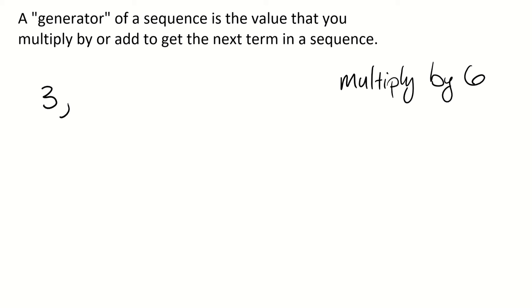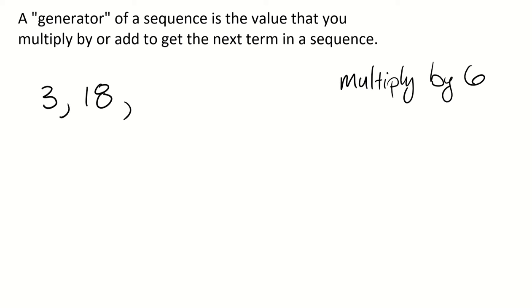Remember, a sequence is just an ordered list. The first number is 3, and the generator is multiply by 6. The next value would be 3 times 6, which is 18. So I would write an 18 for the second term in that sequence. I'm going to go from 3 to 18.